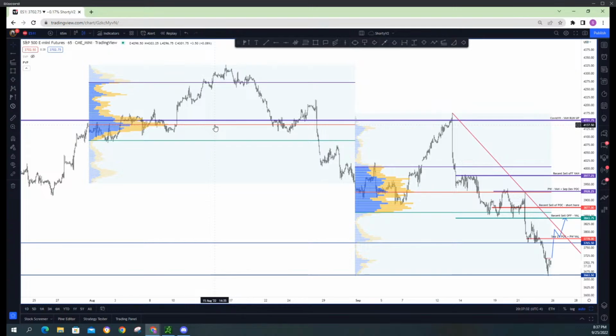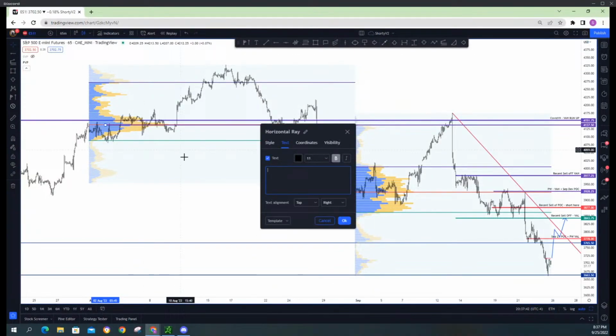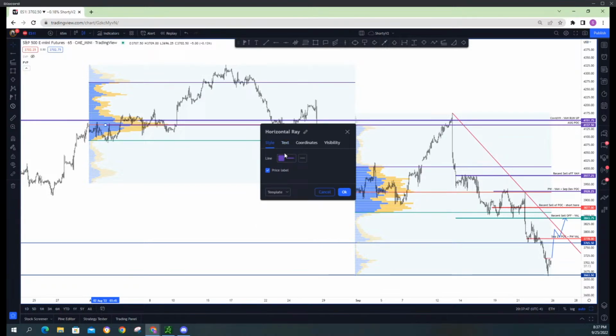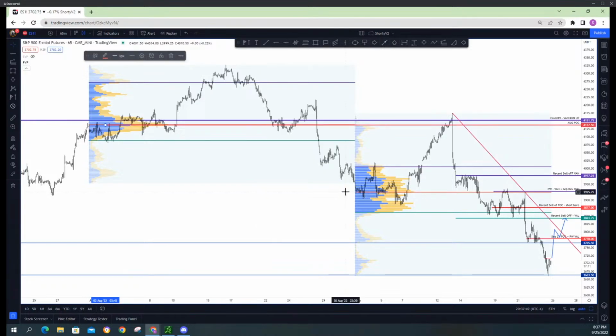I don't think we're going to get... if we get to this level, this is an easy short. If you were to come here, this would be a money maker.